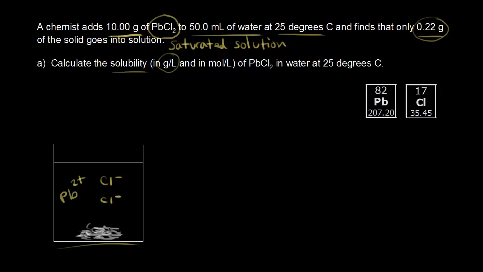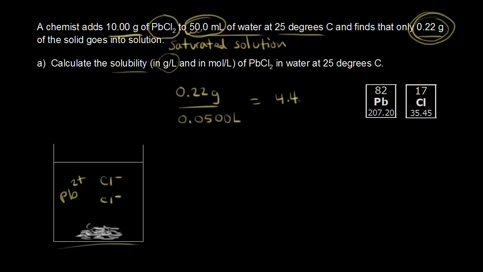So in grams per liter, 0.22 grams dissolved in 50 milliliters of water. If we move our decimal place 1, 2, 3, that's 0.05 liters. 0.22 divided by 0.05 is 4.4 grams per liter.